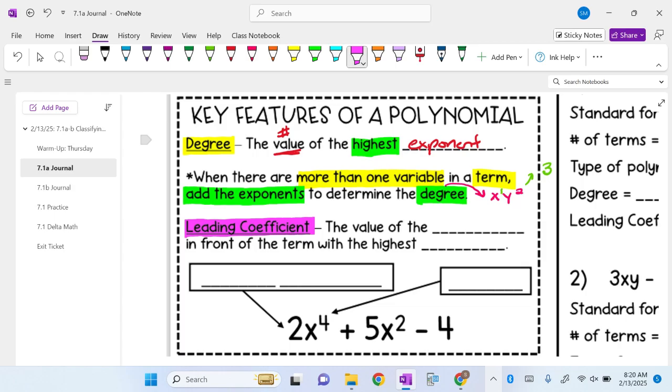So it's the value of the number in front of the term with the highest exponent. Whichever term has the highest exponent, the leading coefficient is that number in front of it.